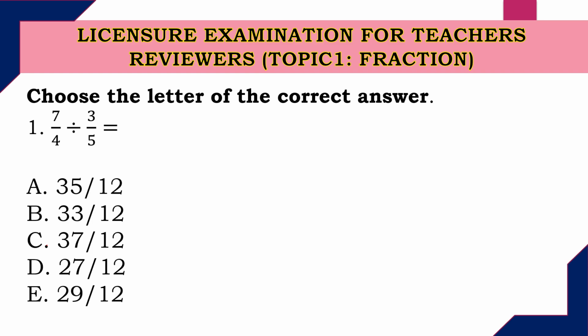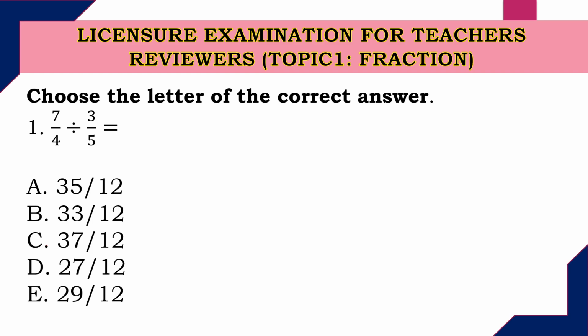Now, let us proceed with our test questions. Let us choose the letter of the correct answer. Number 1: 7/4 divided by 3/5 is equal to 35 over 12, 33 over 12, 37 over 12, 27 over 12, or 29 over 12.